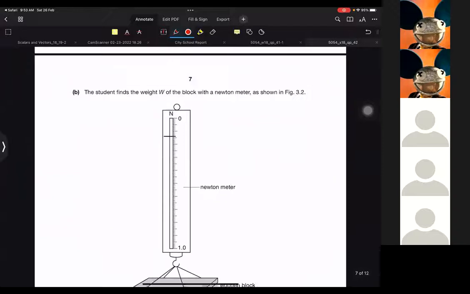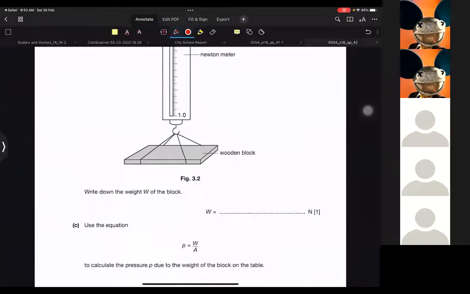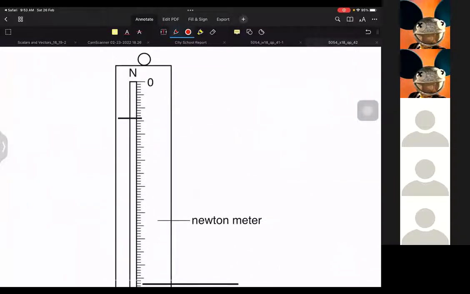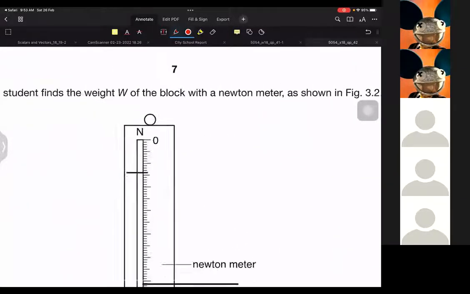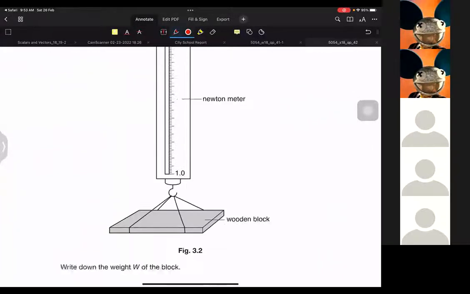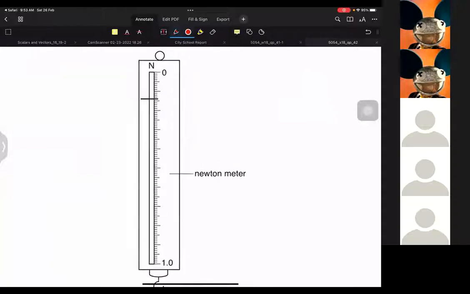Okay, after that, next here it says that they have shown a Newton meter. Write down the weight of the block. You see, this is like 0 to 1, and we gotta do this. So this is 10, this is 20, 30, 40, 50, 60, 70, 80, 90.